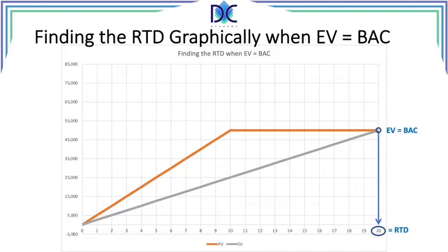And that intersection we can find on the x-axis, the time axis. We can find the time when we achieve this. It is clear that earned value equal to the budget at completion means that the project is completed, because all the value has been earned and all the deliverables have been created.